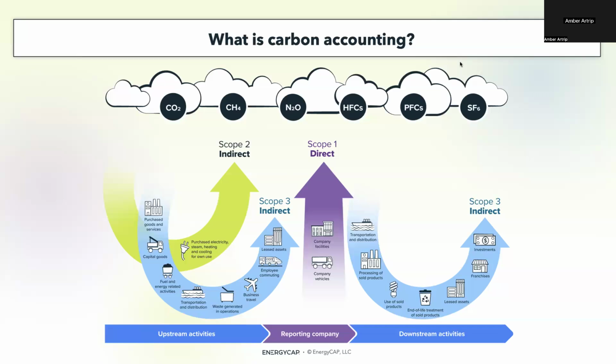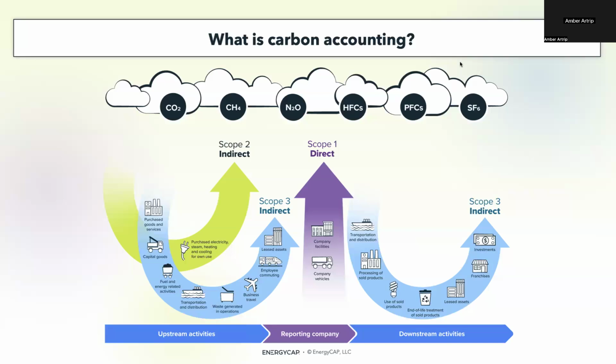There's things like business travel, waste generated, transportation of goods to your facility, fuel and energy related activities upstream. And then there's downstream activities like the use of an iPhone or use of products sold or how these products are processed. And how they're transported, right, to the various facilities in which you sell an iPhone. It can also include things like leased assets, leased buildings, different investments and franchises, you name it.